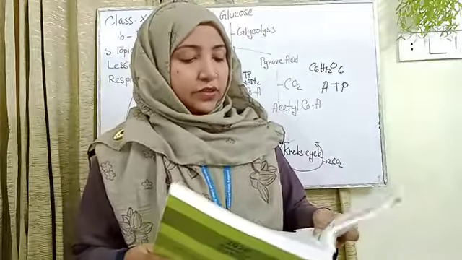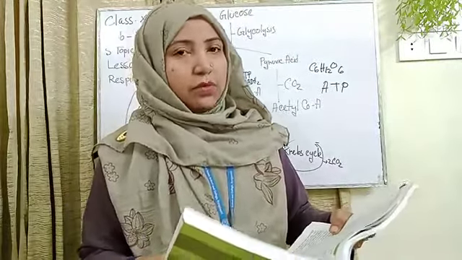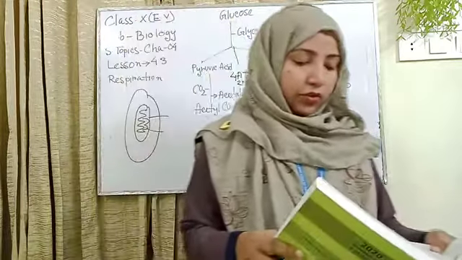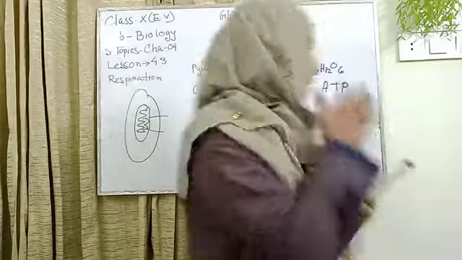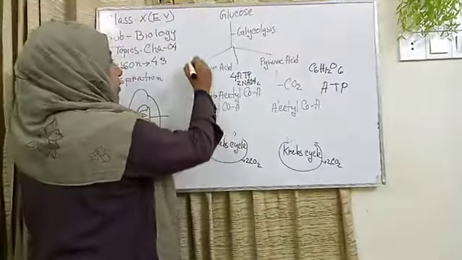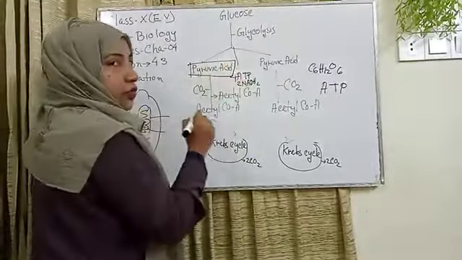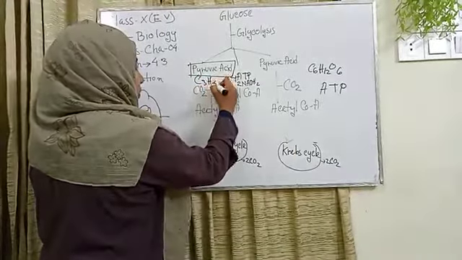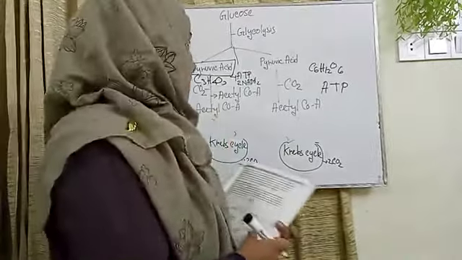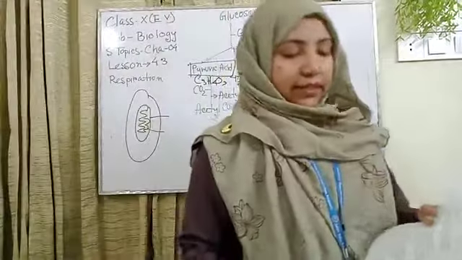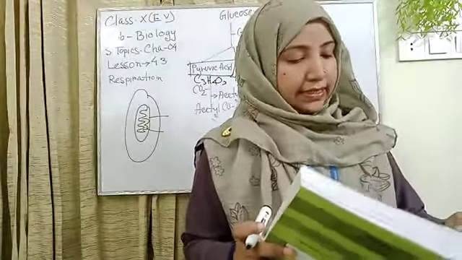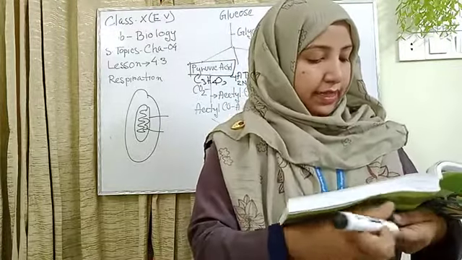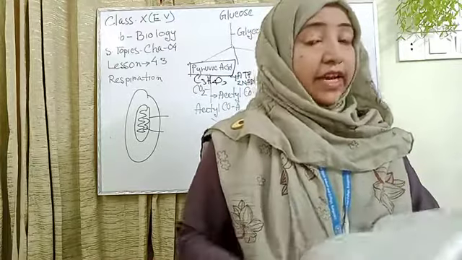When oxidized through chemical reactions, one molecule of glucose is broken down into two molecules of pyruvic acid, C3H4O3. We get from the first stage two molecules of pyruvic acid and four molecules of ATP.